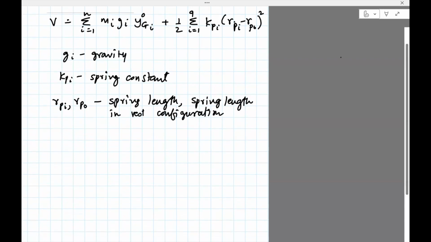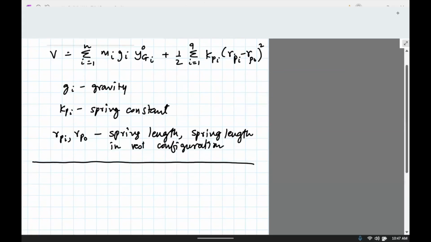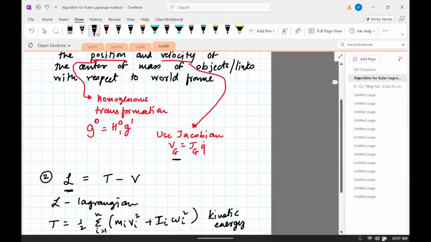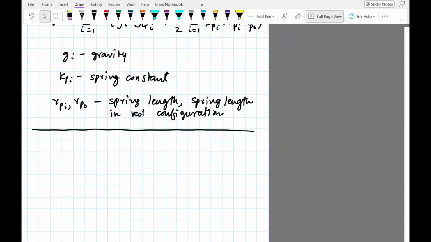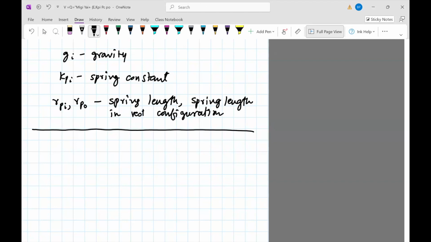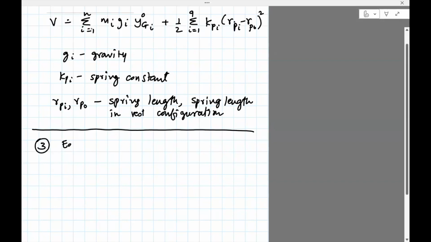Okay, so we are very close. That's step 2. We've computed the Lagrangian, I wrote it here, L, right? We've computed this because we've now found what T and V are. Okay, the last step, we can get the equations of motion using this formula.